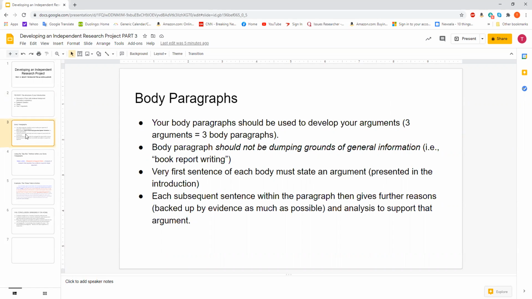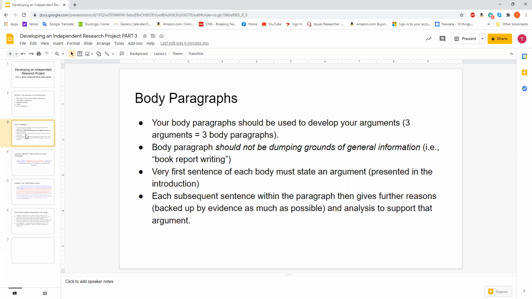We are trying to push you past book report writing, where you just give a generic summary of information without taking a stance, without making claims, without supporting them with evidence. We are doing investigative research writing. We're not writing book reports. So your body paragraphs should not be, again, dumping grounds of general information.